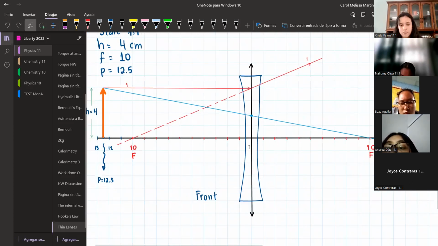So from that point, you're going to sketch a completely horizontal line. Entonces, in this point... a ver.